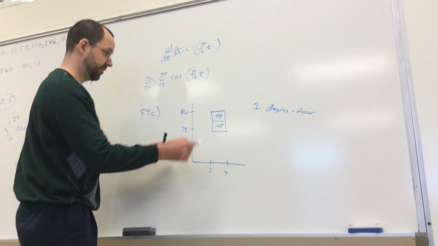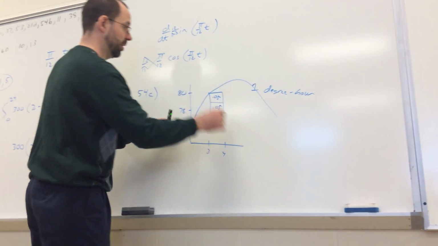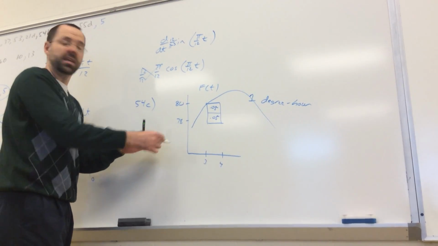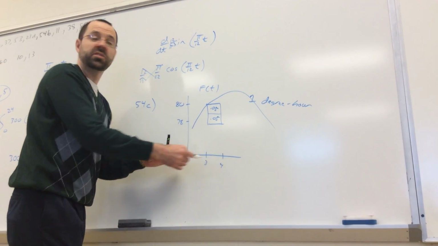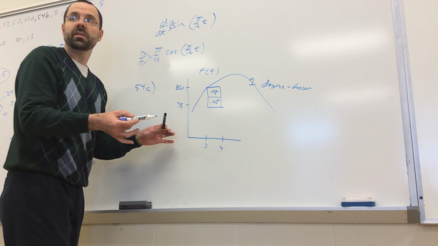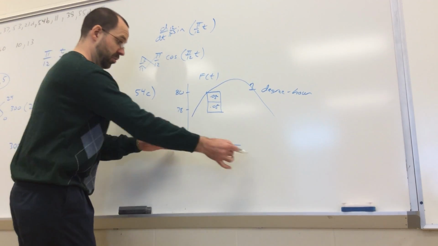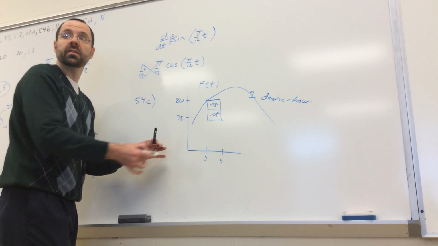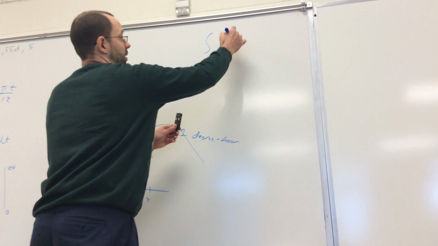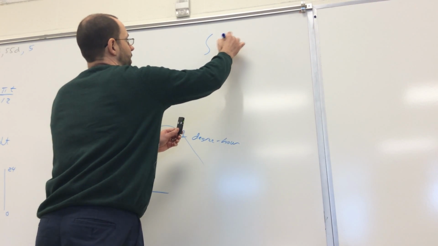Well, this graph, f of t, that we were given, outputs the temperature in degrees, and it inputs the hours. So area is degree hours, because hours times degrees. Okay, so that's why we're going to integrate f of t.